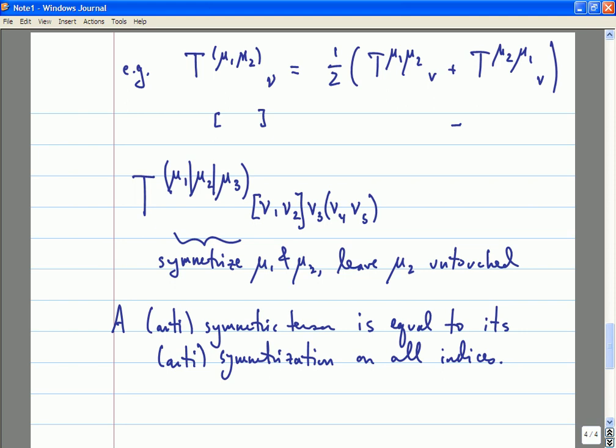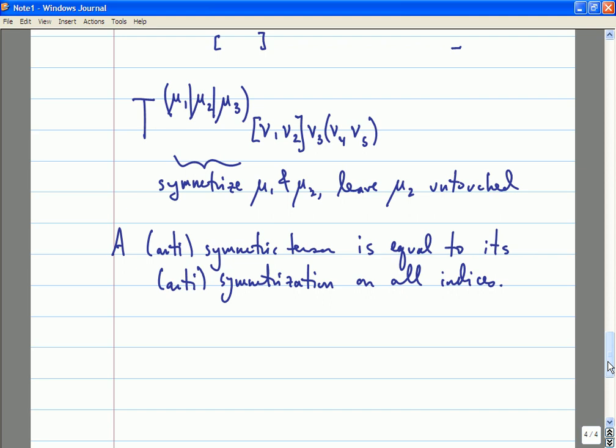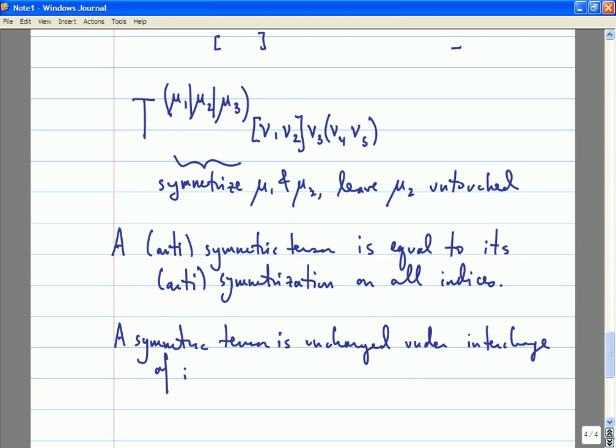So what is the characteristic property of a symmetric or an anti-symmetric tensor? A symmetric tensor is unchanged under the interchange of indices. So it's the generalization of the notion of a symmetric matrix.